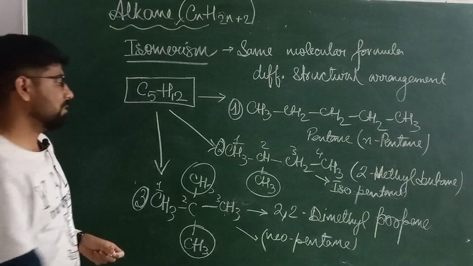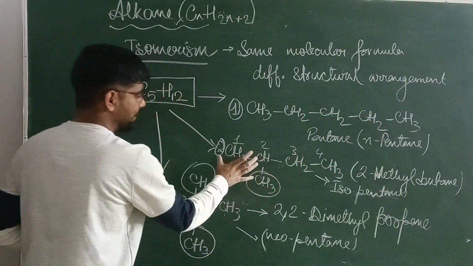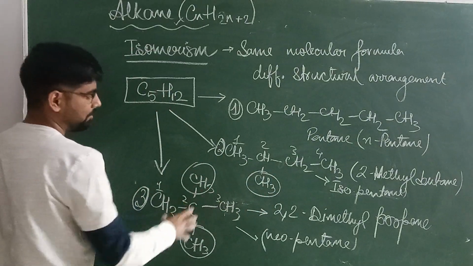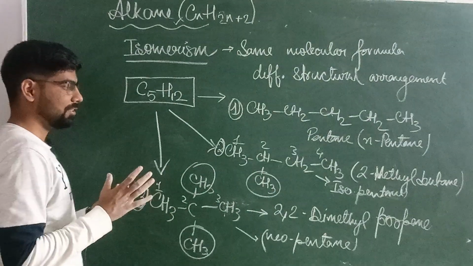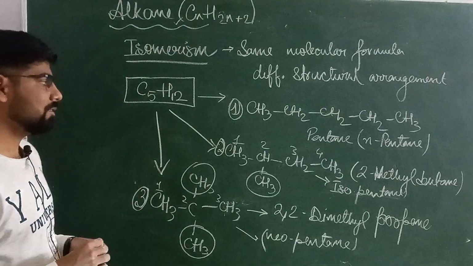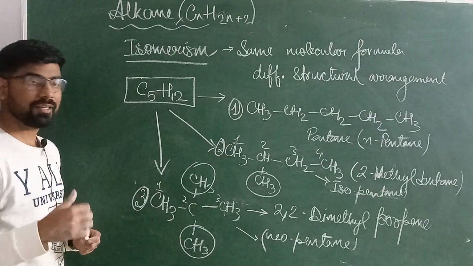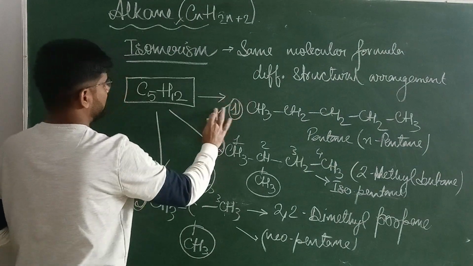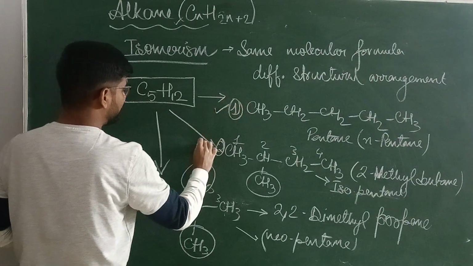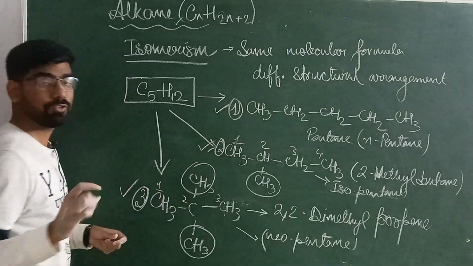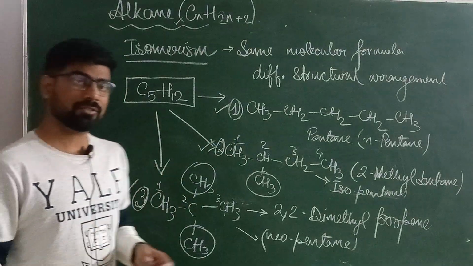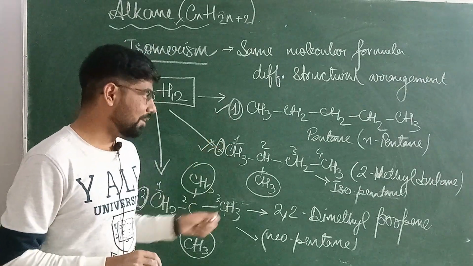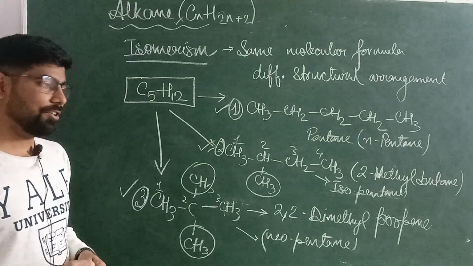In this one, the surface area decreases because there is branching taking place, and in this one the surface area decreases further. So the boiling point keeps on decreasing. This one will have a very high boiling point, this one followed by this one followed by this one, but we will do this in great detail after some time, because a question has come in JEE Mains regarding the boiling points of n-pentane, isopentane and neopentane.